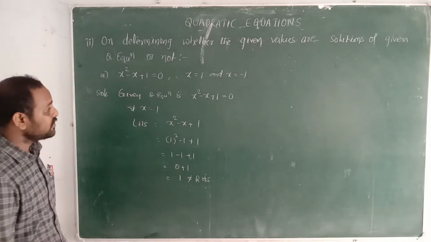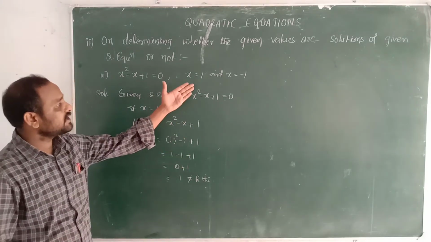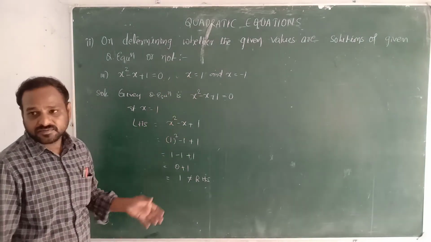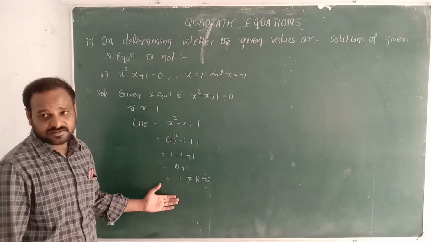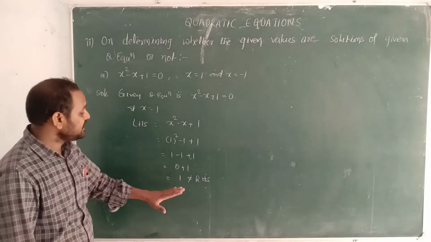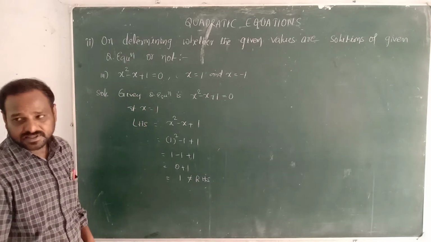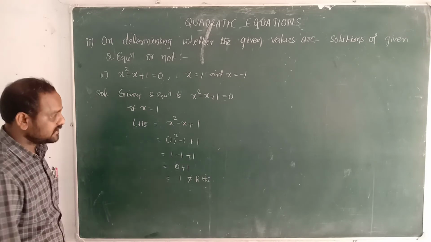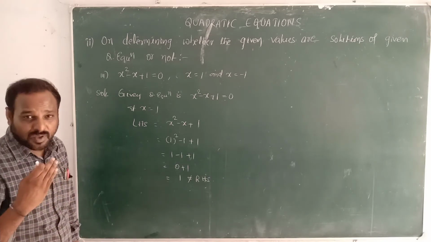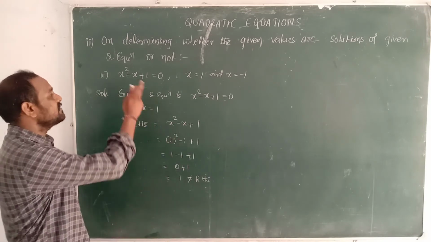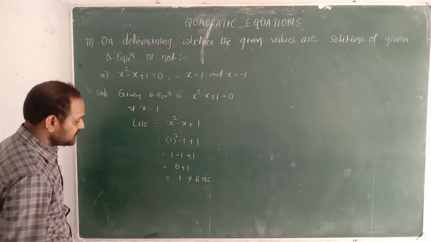So what can you say about it here? When we substituted x is equal to 1, we got the result as 1. So that is why it is not a solution for the given equation. That means nothing but it is not a root of the given quadratic equation.